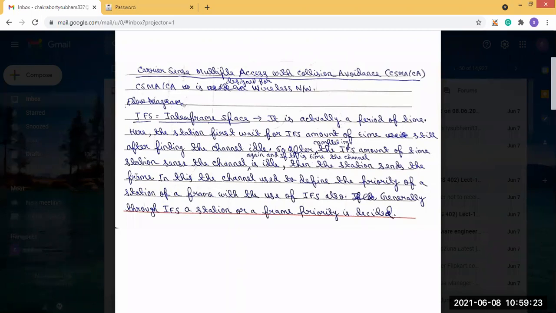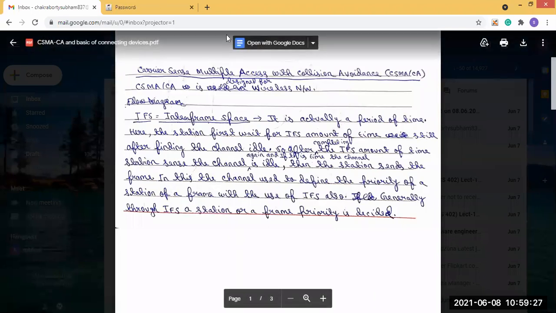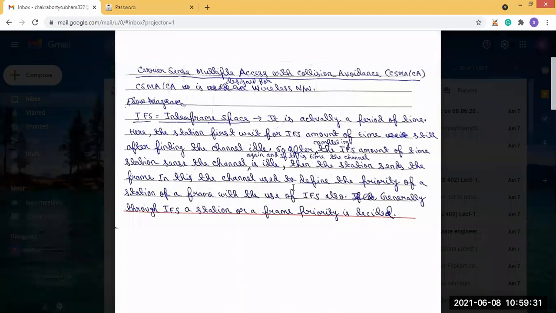So generally through IFS, a station or a frame priority is decided.